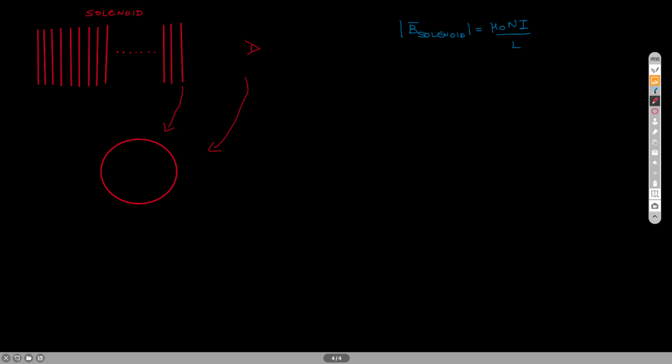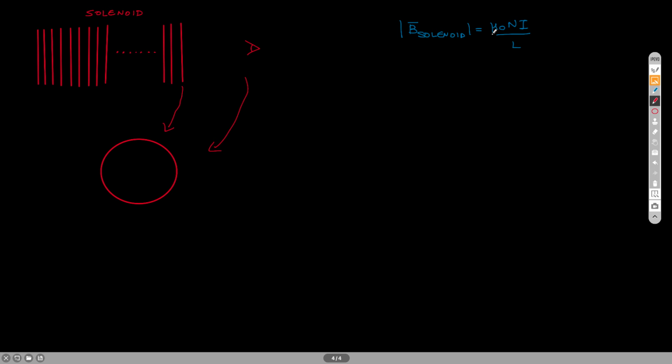Now, some important facts. This expression can only give you the magnitude of the magnetic field that the solenoid creates, not the direction. You need to find the direction using the right-hand rule. I'm going to have a separate video about directions.